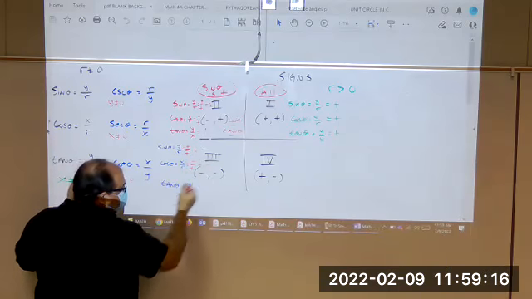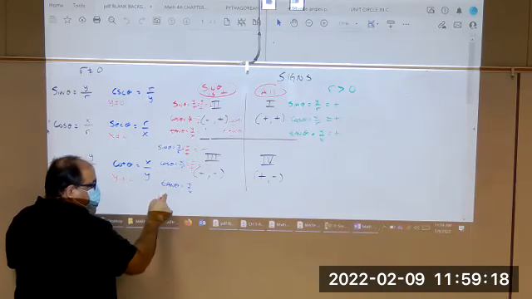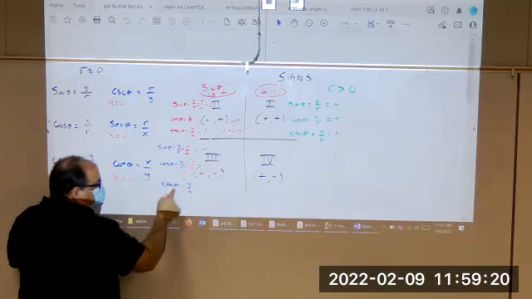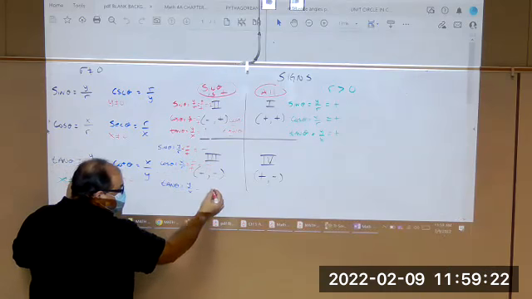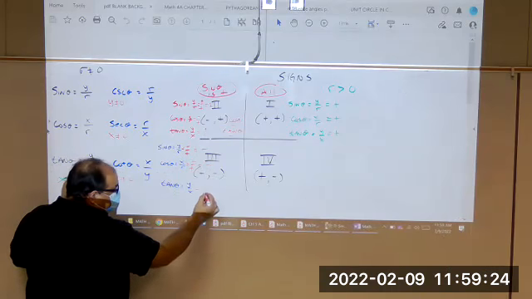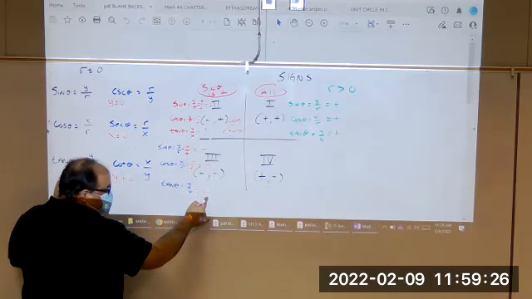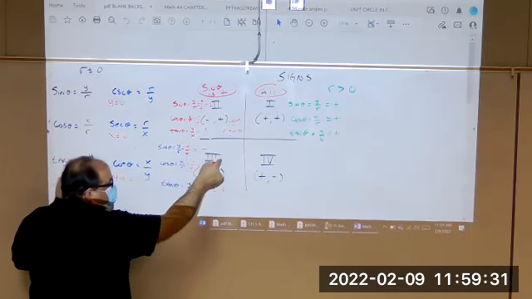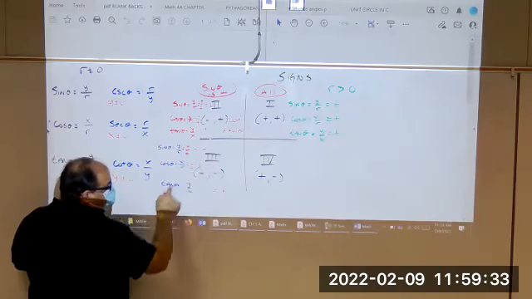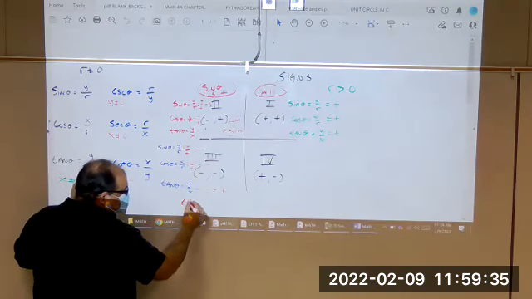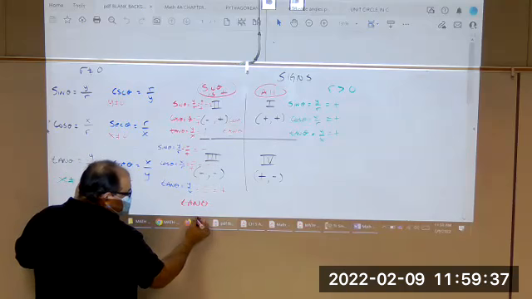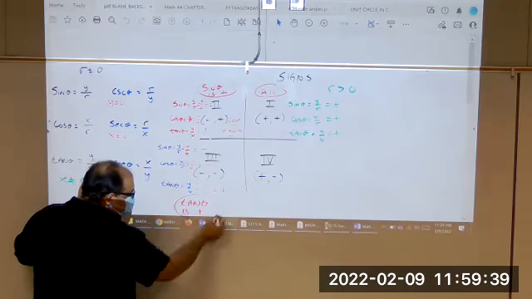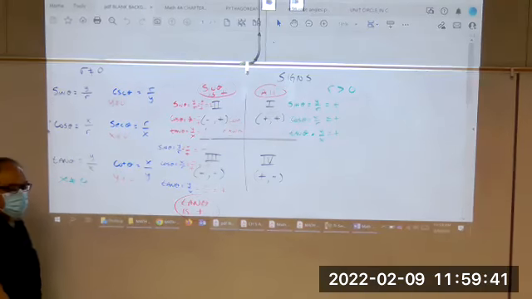Cosine is negative. Tangent though, the y is a negative value, and the x is a negative value. A negative divided by a negative is a positive value. So in quadrant 3, the only positive trig ratio is tangent. Tangent is the only one that's positive.